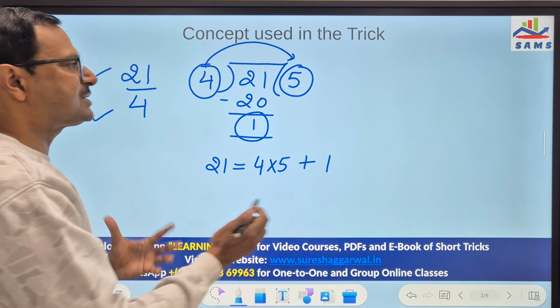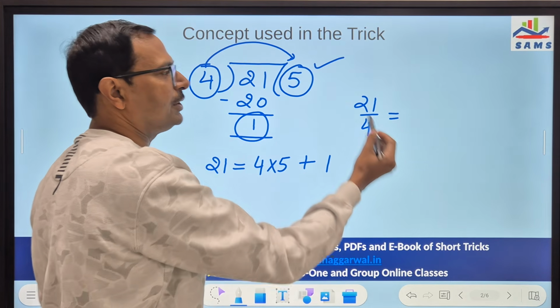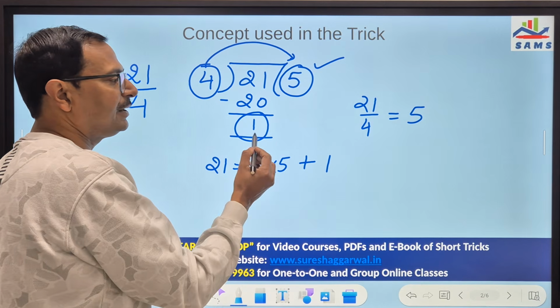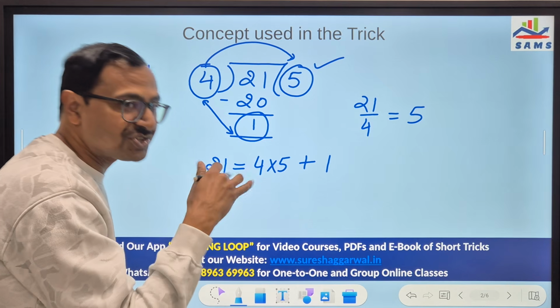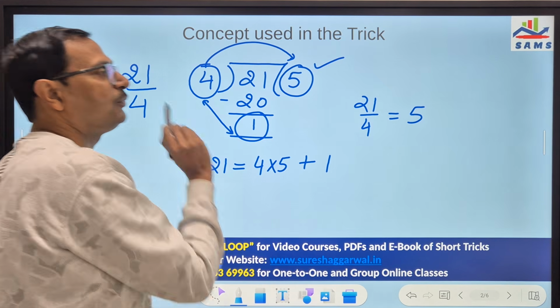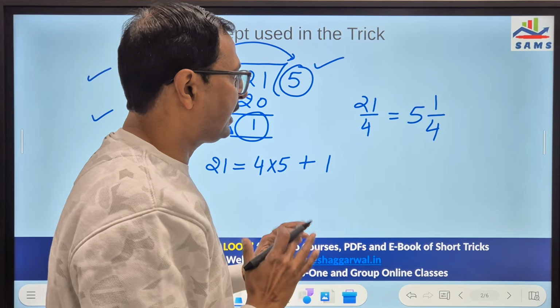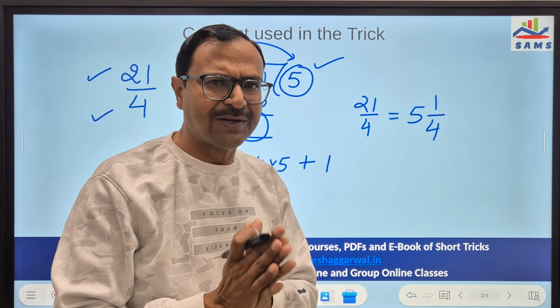Now to express 21 by 4 as a mixed number, start with the quotient. So quotient is 5, then take the remainder, and remainder upon divisor gives you the fractional part, that is 1 by 4. So 5 and 1 by 4 will be the mixed number representation of 21 upon 4, which is an improper fraction, right?